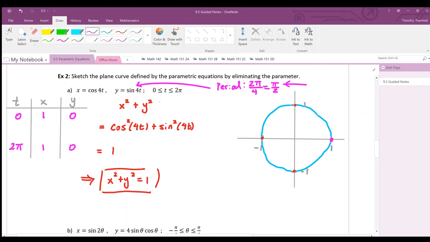Which means if we went to 2 pi, we've made multiple revolutions. So let's write this down here at the bottom. It takes pi over 2 units to complete one revolution, which means on the interval from 0 to 2 pi, we have 4 revolutions for describing that motion, because pi over 2 fits into 2 pi 4 times.